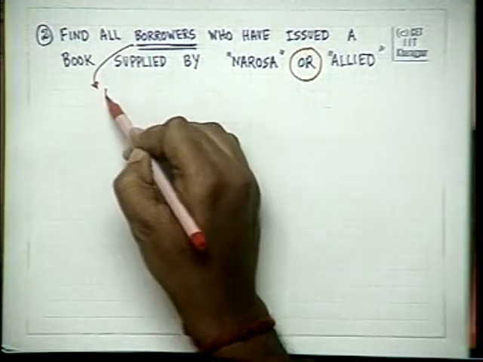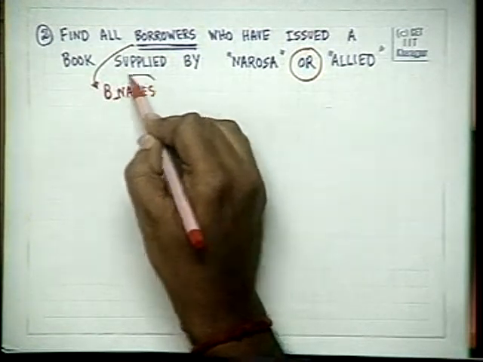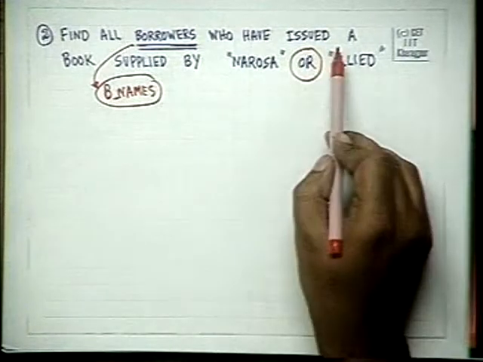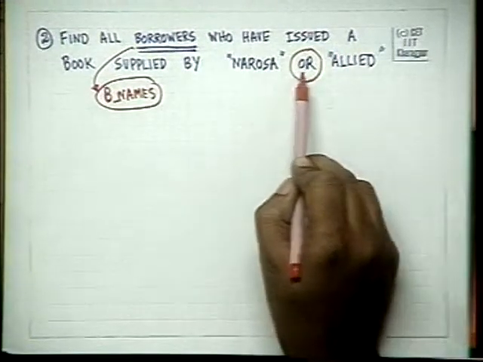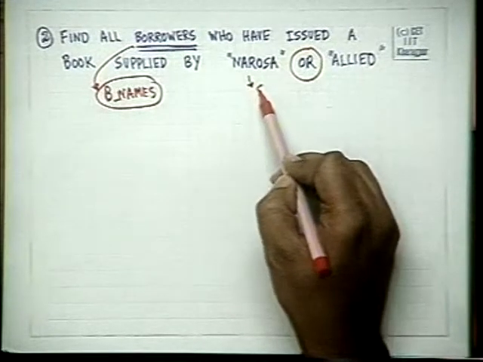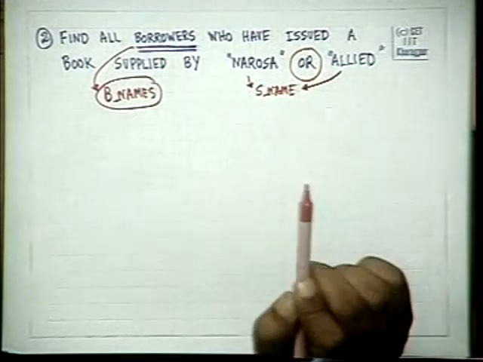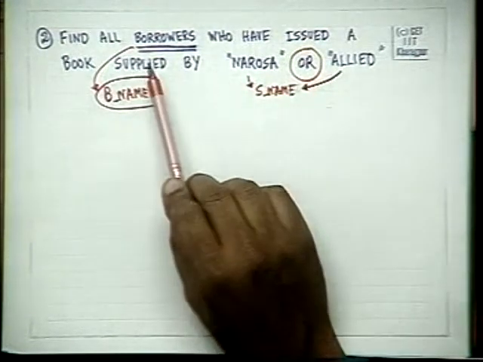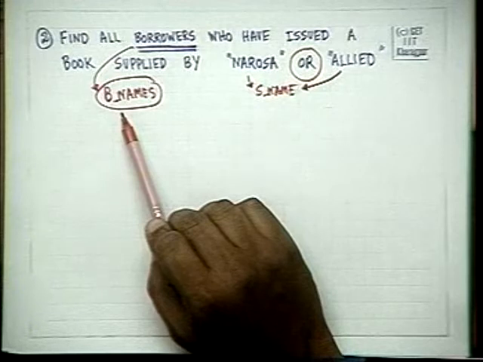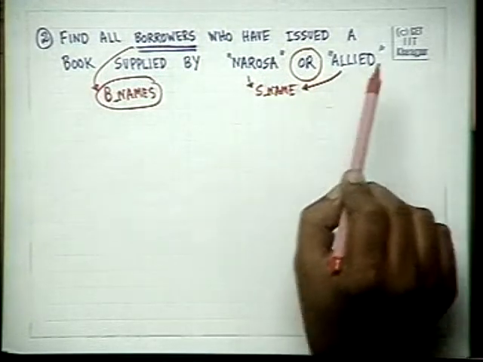So we are interested in B names. Who have issued a book supplied by supplier Narosa or Allied. So this is one supplier name, and so is this another supplier name. So we want the borrower names of those who have issued a book which is supplied by the supplier name Narosa or by Allied.